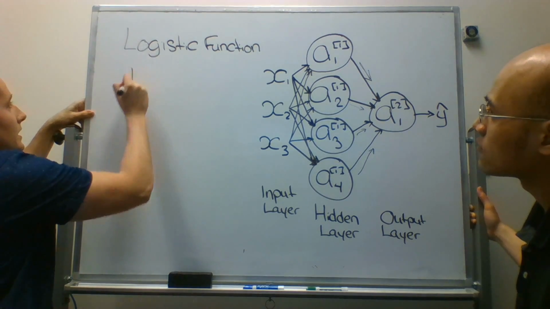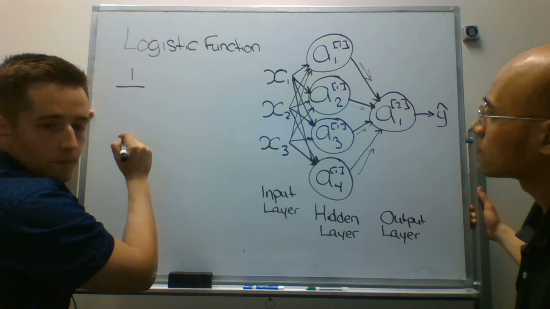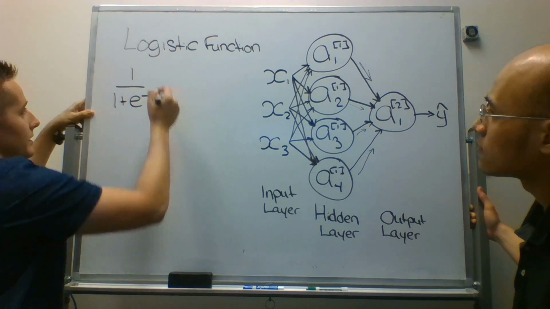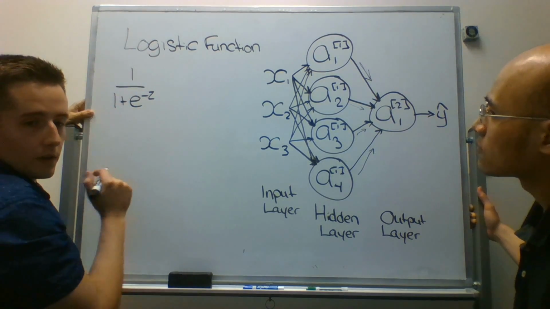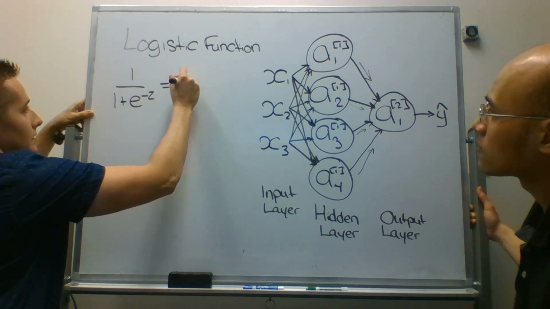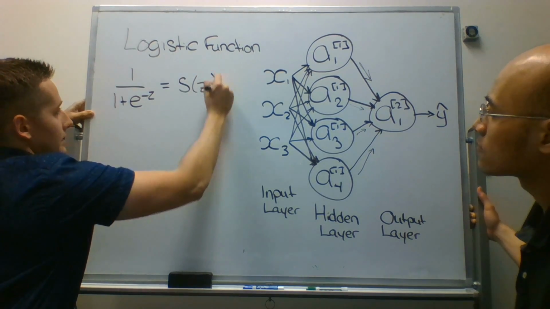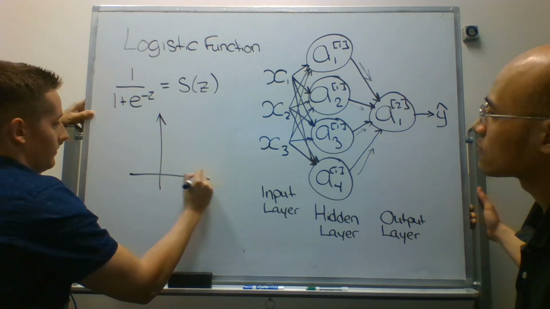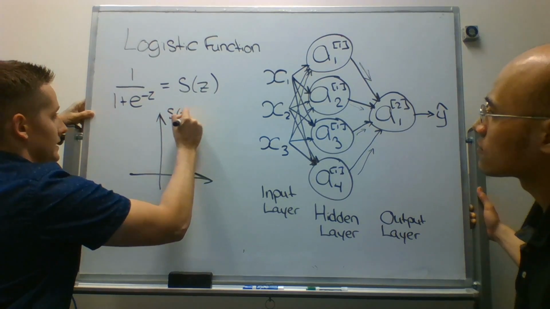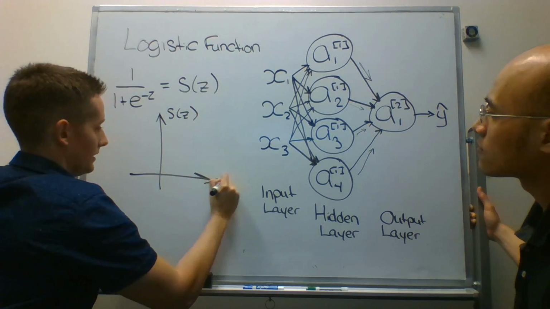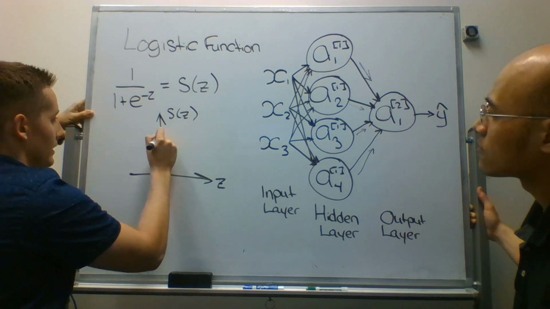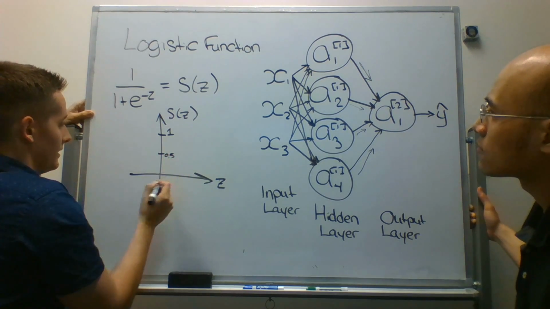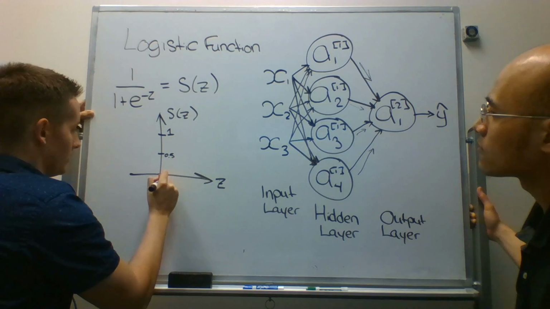So the logistic function is, by formula, 1 over 1 plus e to the negative z. And this is going to be our s of z. And graphically, this looks like, you go here, s of z. This is bounded, and this will be z, by 1 is the upper bound, 0.5 is the y-intercept, and 0 is the lower bound.